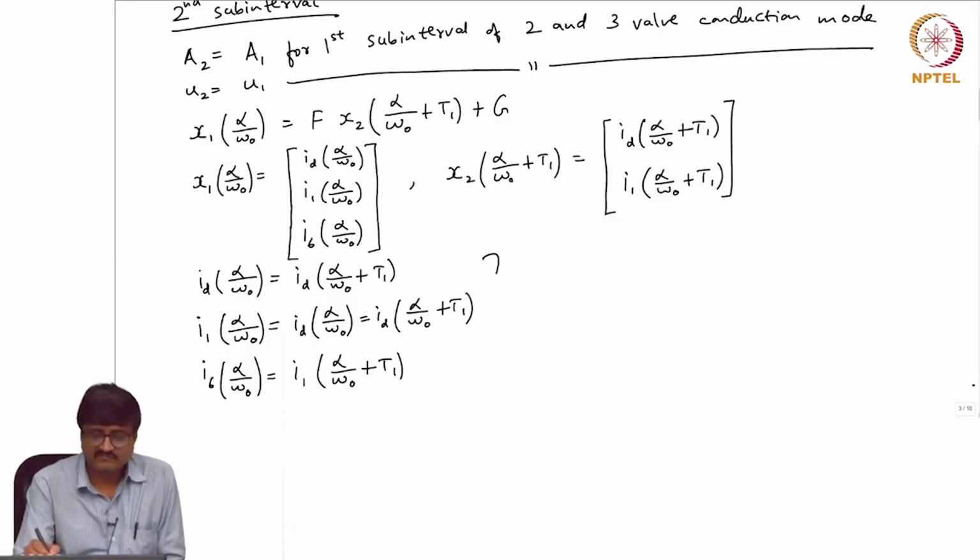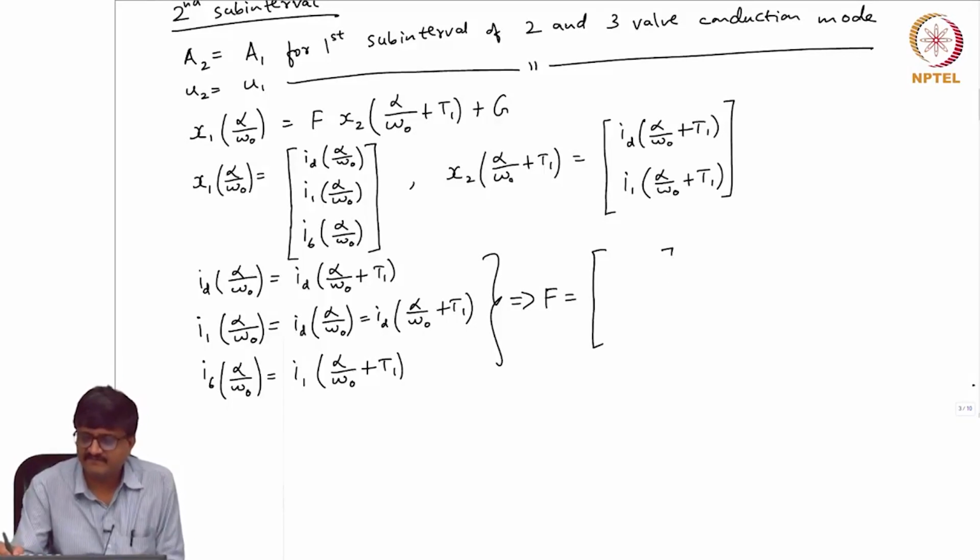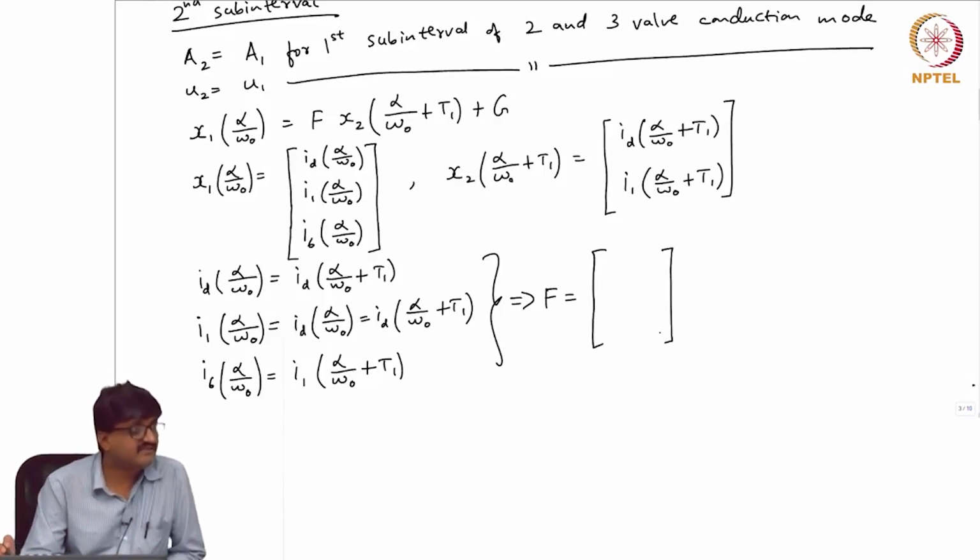So, from these three equations, can I say what is F? What is the size of F? 3 cross 2. So, first row, what are the elements? 1 0, second row 1 0, third row 0 1.